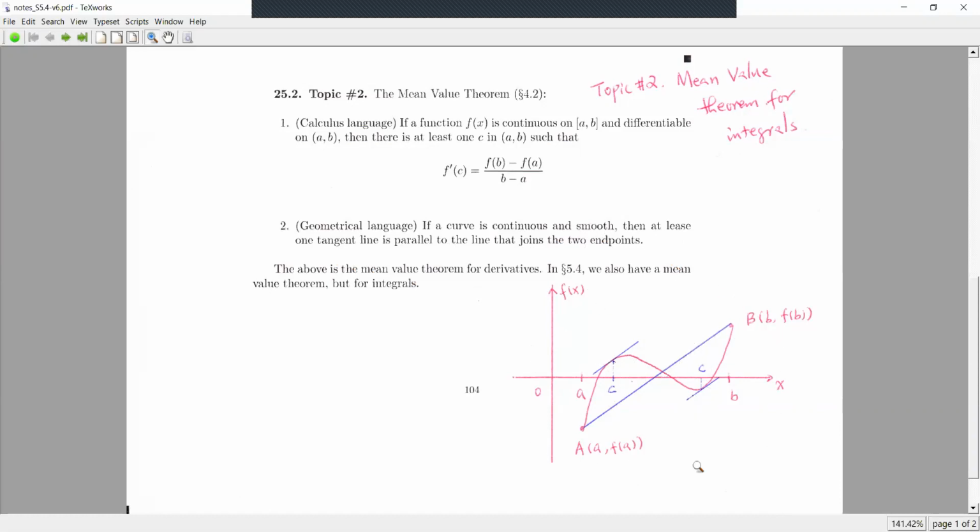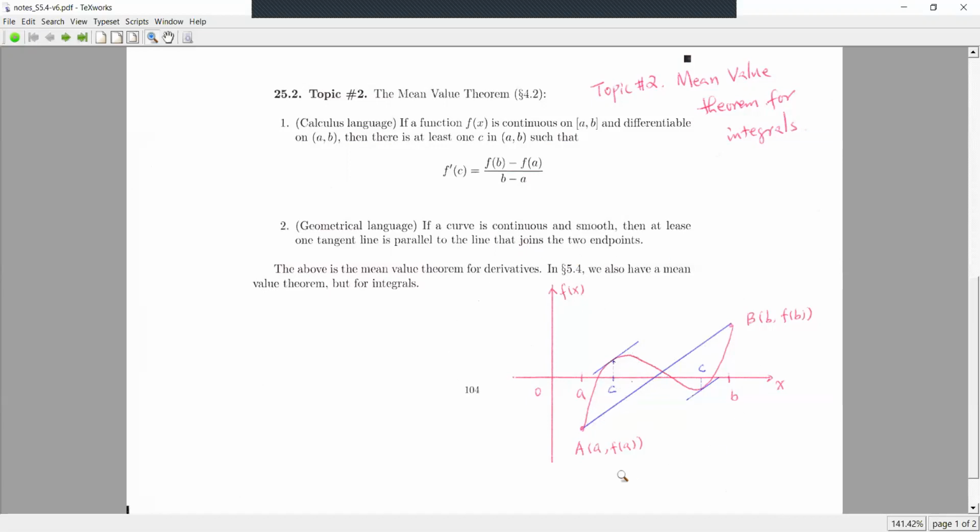In this diagram, the line that joins the two endpoints of the curve is this blue line. The theorem guarantees at least one tangent line is parallel to the blue line.